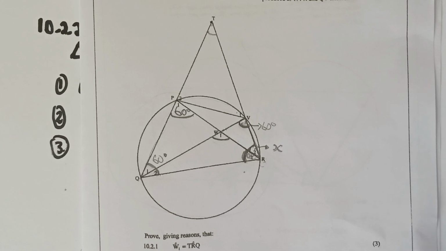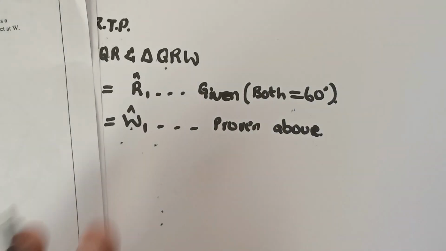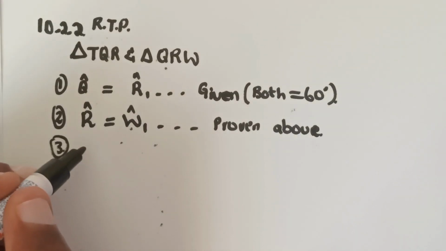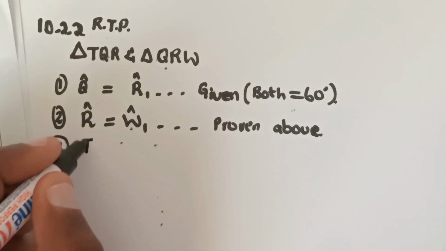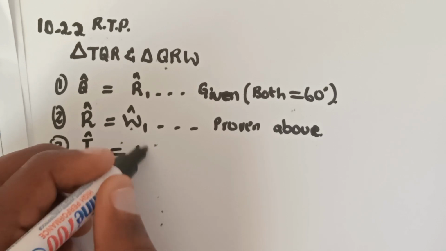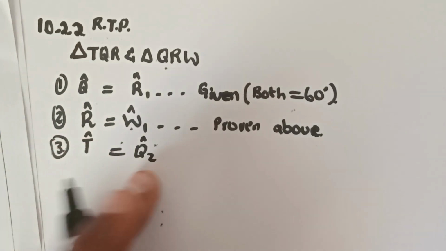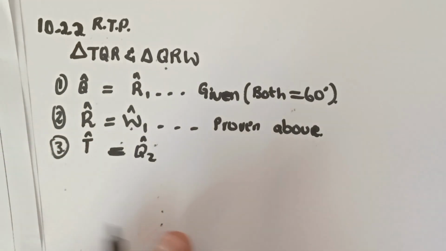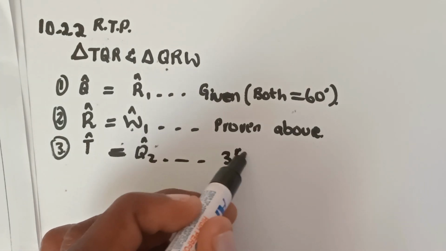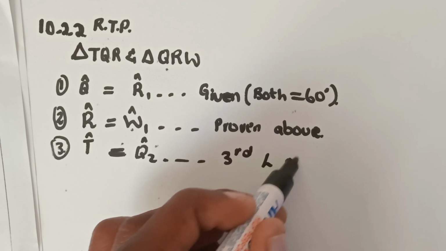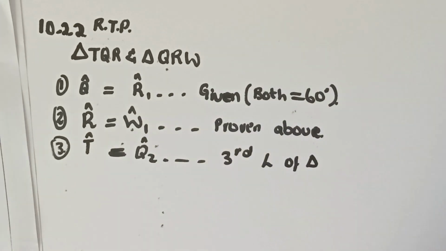So that is our reasoning here. So we say angle T is equal to angle Q2 from the smaller triangle, because it's the third angle of a triangle.